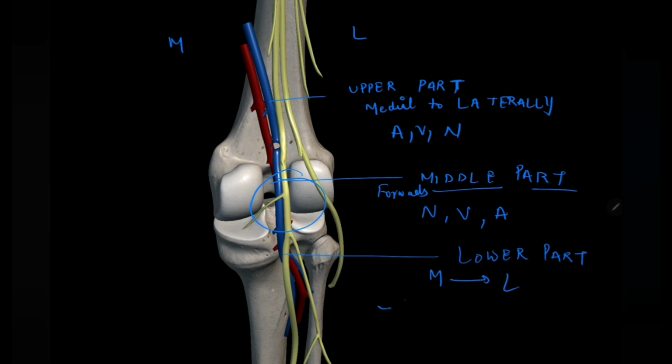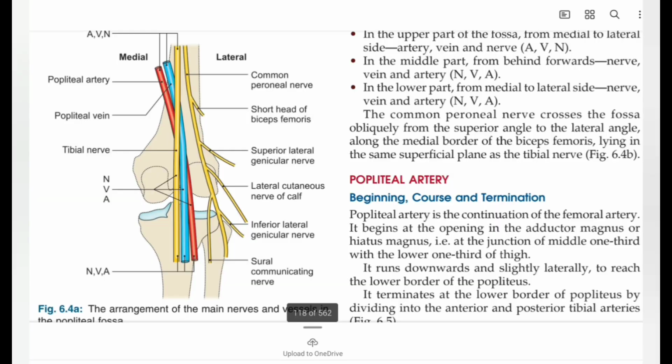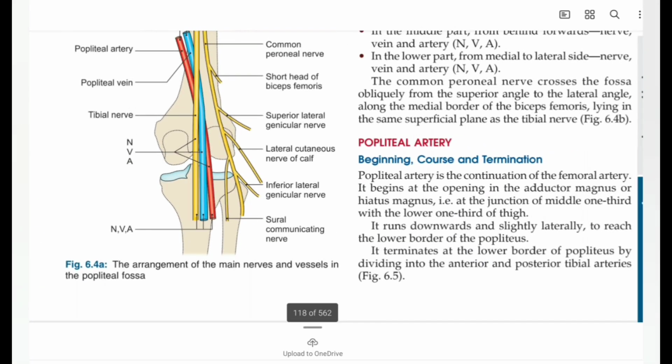Now if we come to the lower part, going medial to lateral, you can see that the nerve is seen, then the vein is seen and the artery has come to the lateral side. So it has shifted from there. So this is the confusion in most parts of the popliteal fossa. Similarly, the diagrammatic way is the same thing which I have told you.